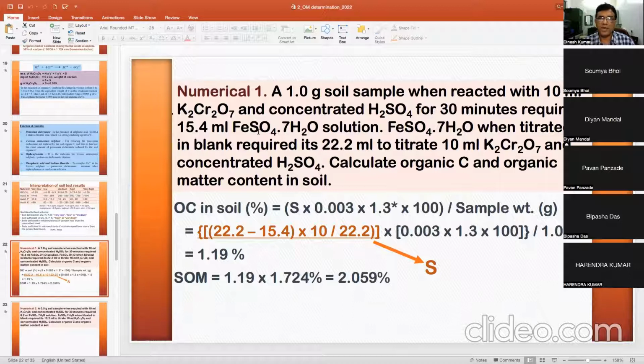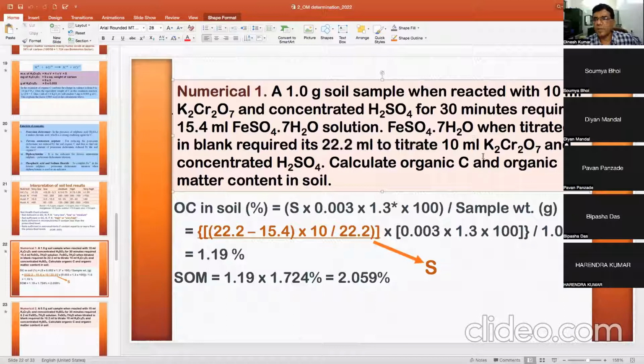But ferrous sulfate when titrated in blank required 22.2 ml to titrate 10 ml K2Cr2O7 and concentrated sulfuric acid. Calculate the organic carbon and organic matter content in soil.